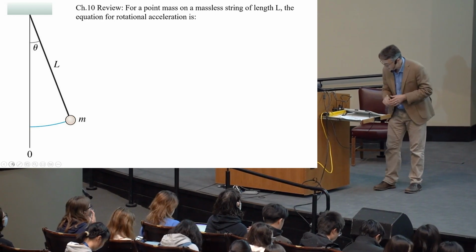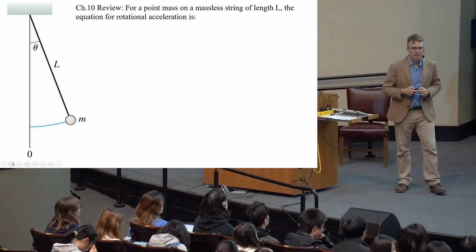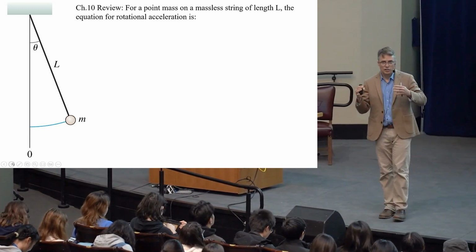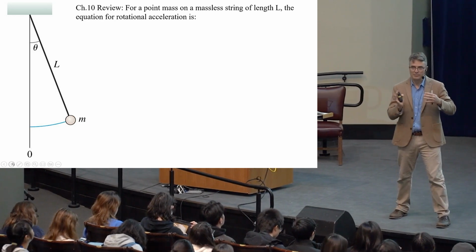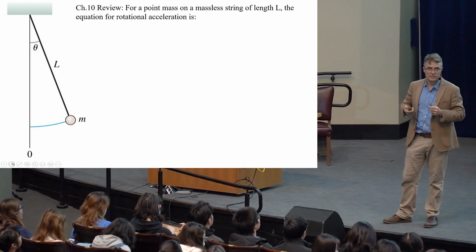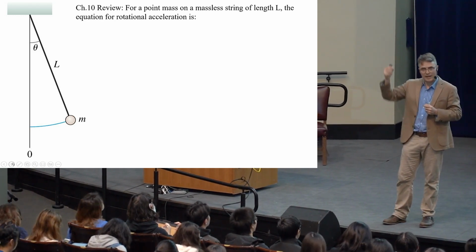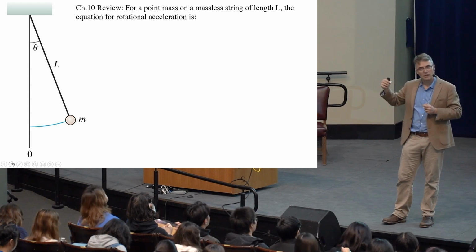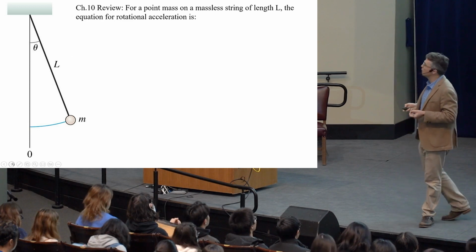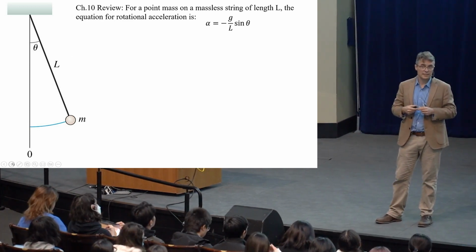There was actually a question that I saw that I did respond to, but I might as well talk about it a little bit now. So let's go through again this derivation of simple harmonic motion for a pendulum. If you look at this mass, if it's like a point mass on a massless string of length L, then the rotational inertia is just mL squared, and you get this equation for rotational acceleration.